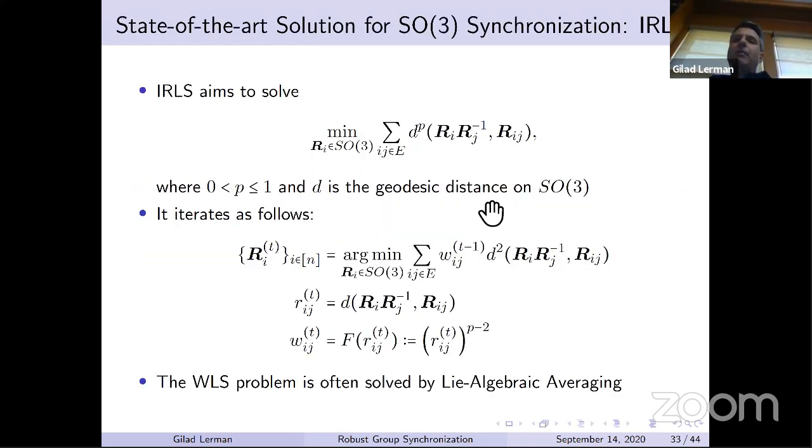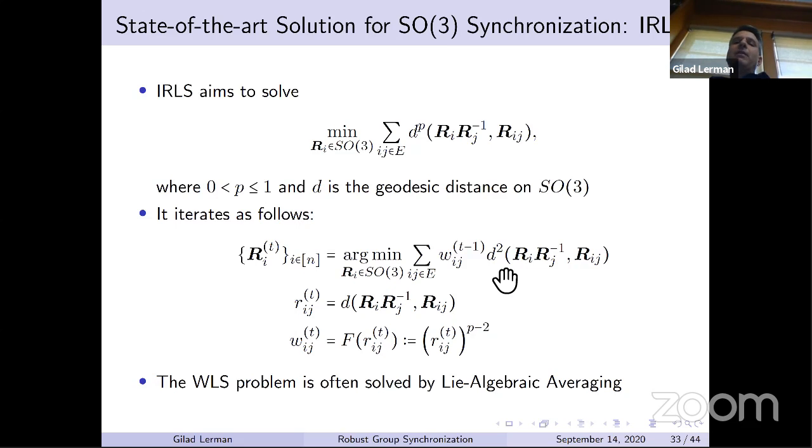What IRLS does is replace this L_p minimization with a weighted least squares minimization with a choice of weights. When you add everything together, it looks like d to the power of p, but there is a certain change because you estimate the weights given what happened at the previous iteration. You fix R_j at a given t.